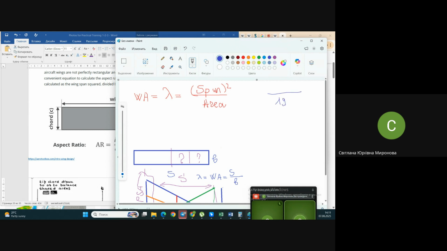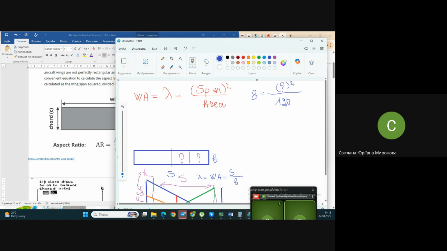I have not measured or analyzed it. Let it be 8. Wing aspect ratio, relative elongation of the wing, let it be 8. And span, the matter in question, is of course squared.